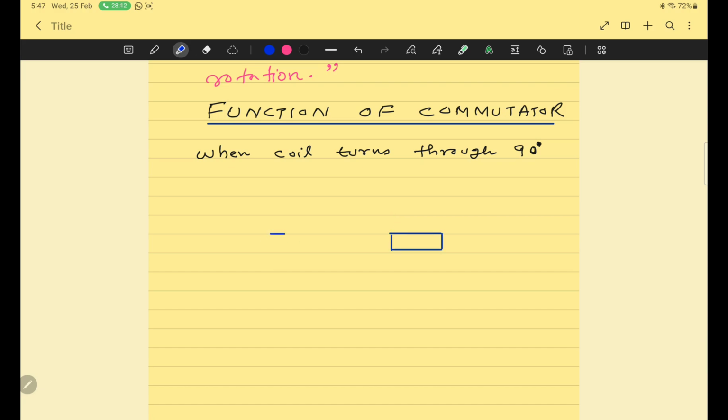This is carbon brush, and as I told you earlier, carbon brush remains at rest. It is fixed. But when the coil turns, the commutator moves like this, and the position of commutator will change like this.